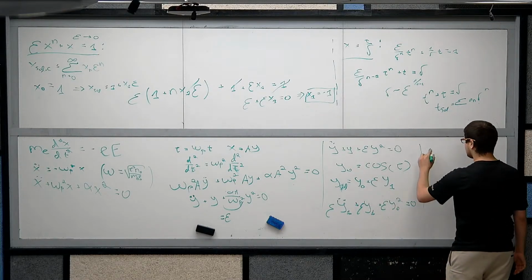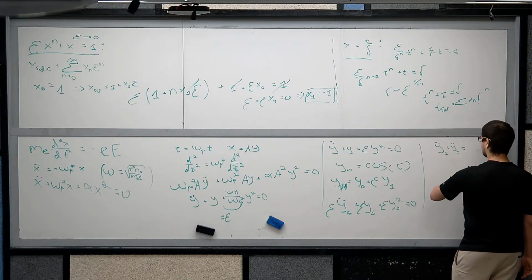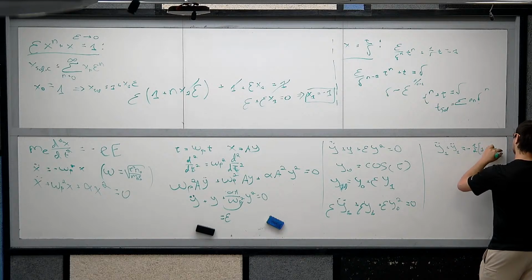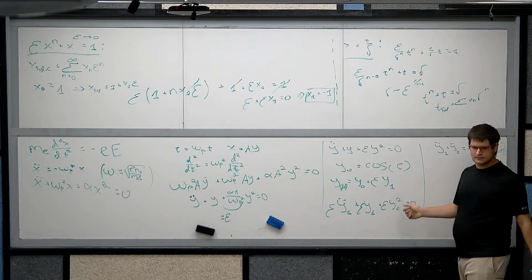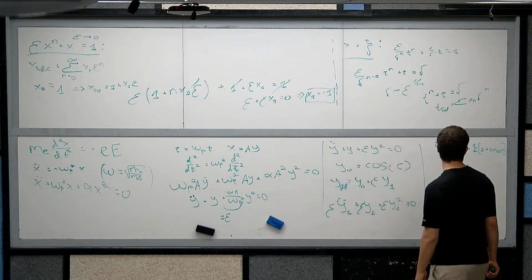Now just writing it nicely, y1 equals minus half of 1 plus cosine of 2 tau. You already know I used some trigonometry identity. There is no double dot on the second one, y1.